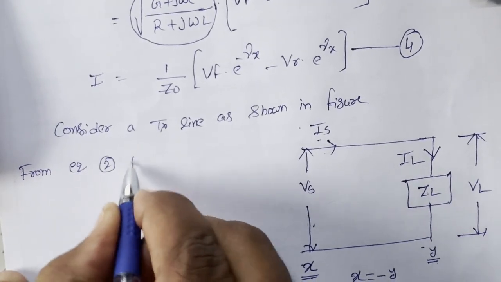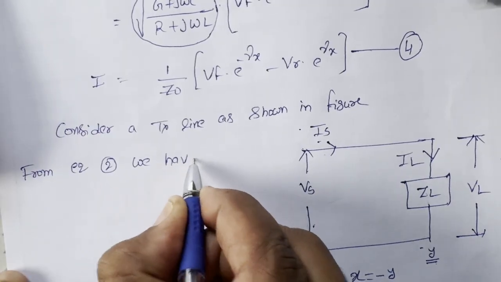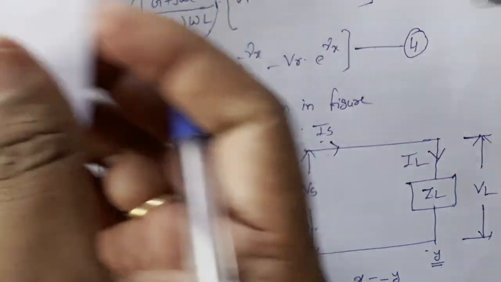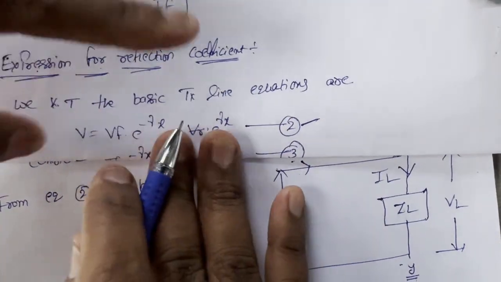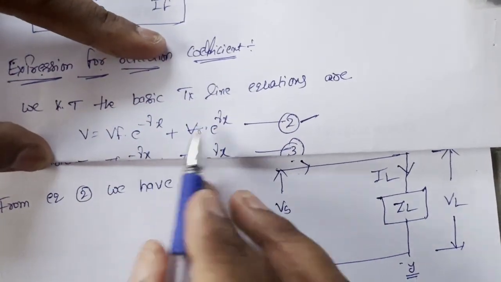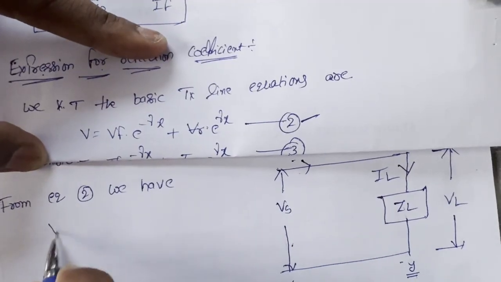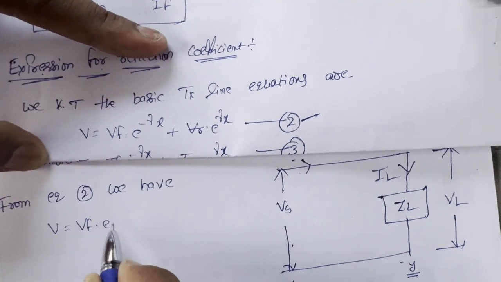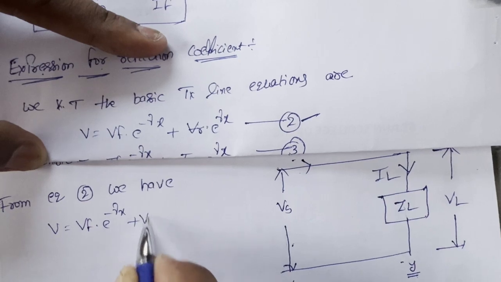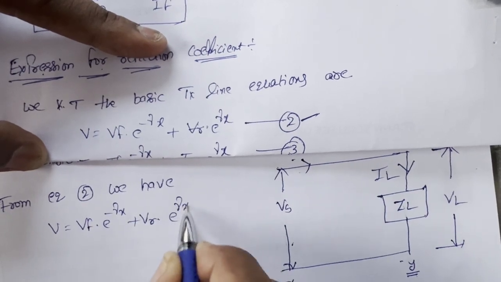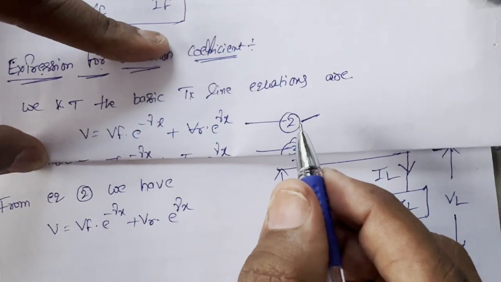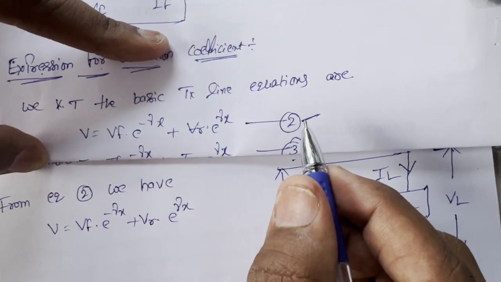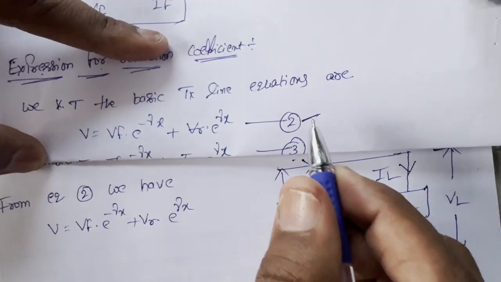Just look here: equation 2 is V equal to Vf into e power minus gamma x plus Vr into e power gamma x. I have assumed that as equation 2.